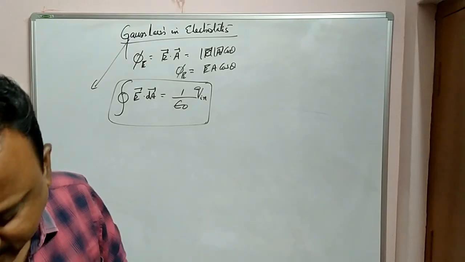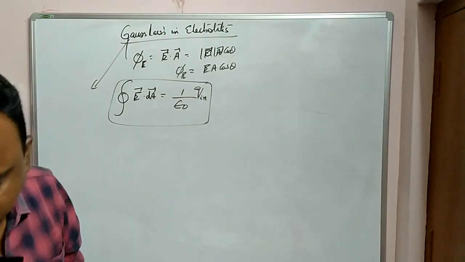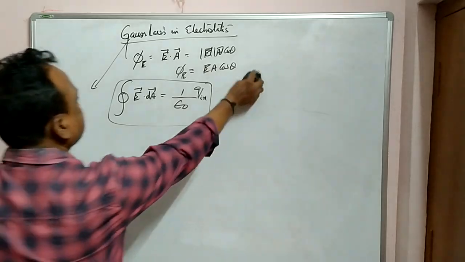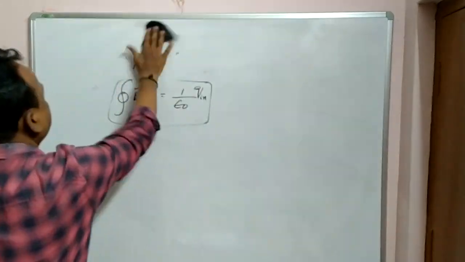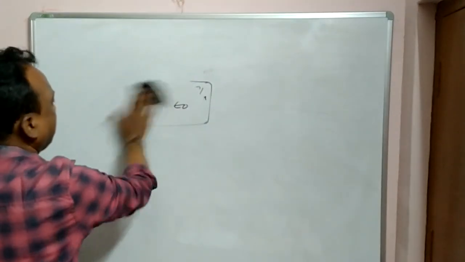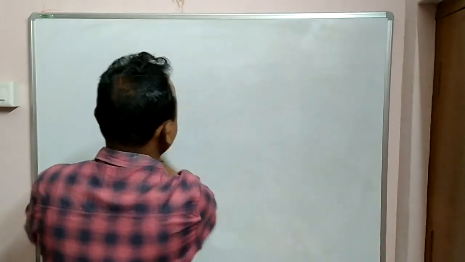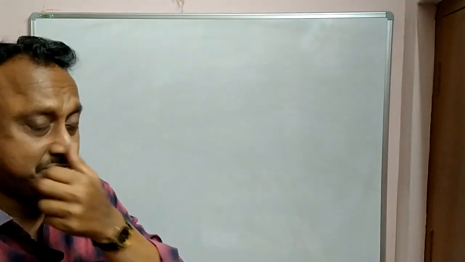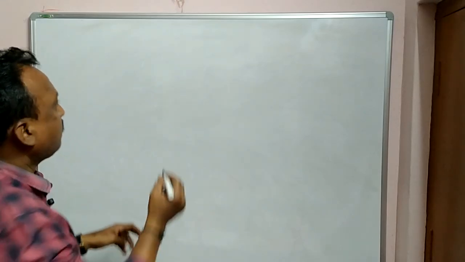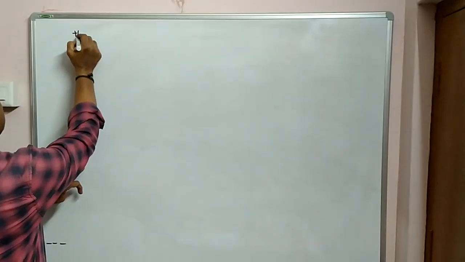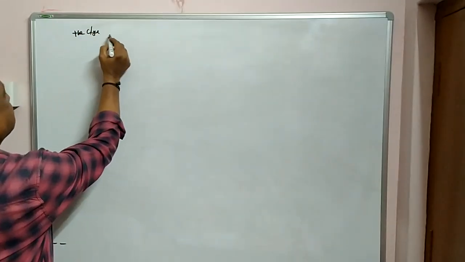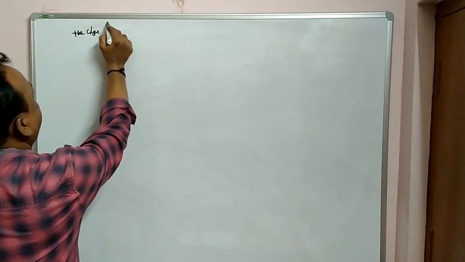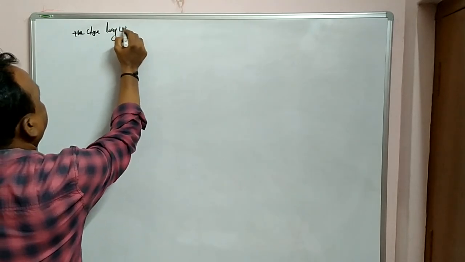Now let us try to do one problem by using Gauss laws. That is a positively charged infinitely long wire. Positive charge, long wire, and infinite.